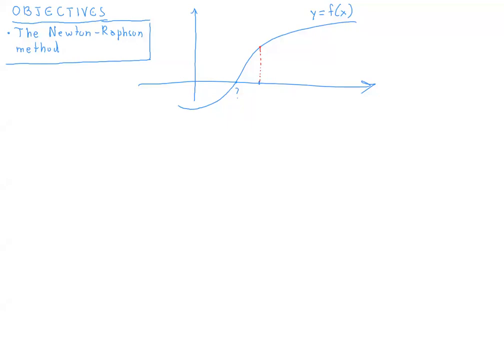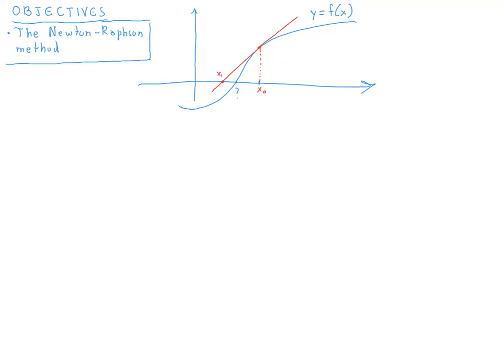So let's call this first guess x naught. We consider the tangent to the graph at that point, and we ask, where would the tangent intersect the x-axis? And we find where the tangent would intersect the x-axis, and that's our second guess. So this would be x1.